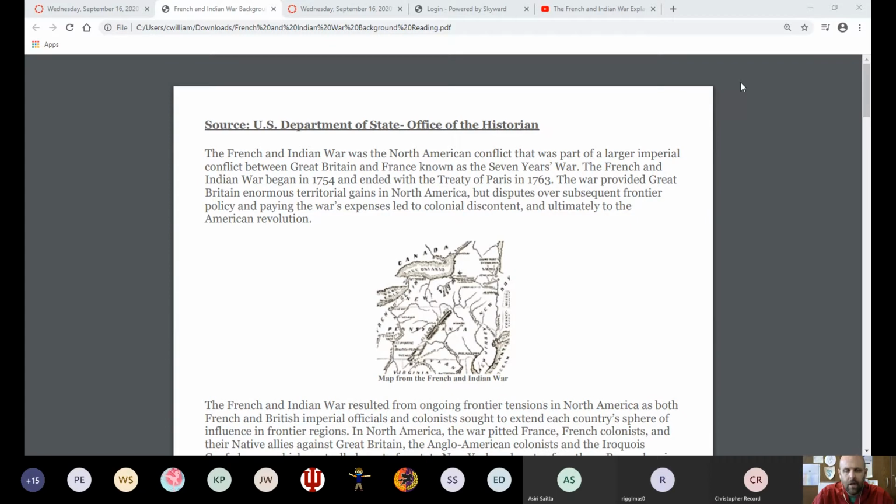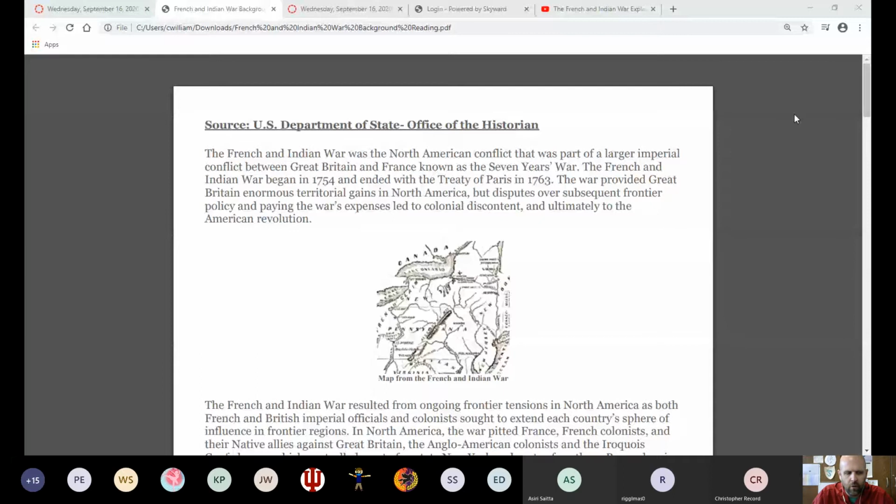That's one thing. And then two, the fact that Britain has to win this war, and it's a war that is extremely costly, a tremendous amount of debt will be brought upon Britain. What that's going to mean for the relationship between Britain and its colonies.